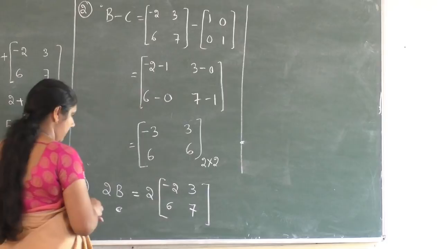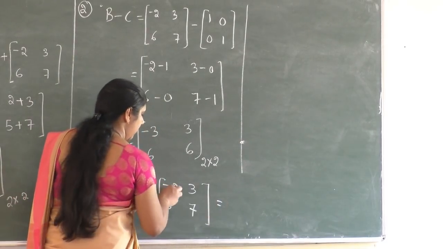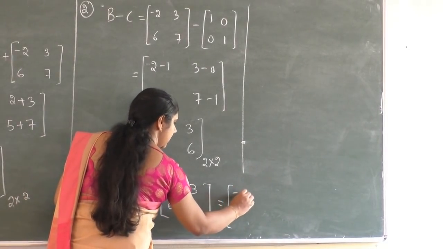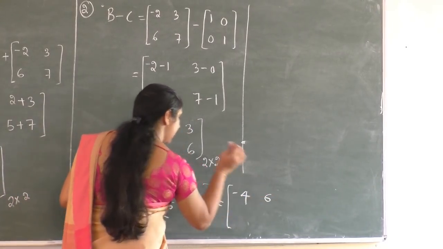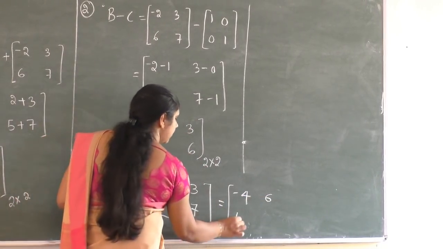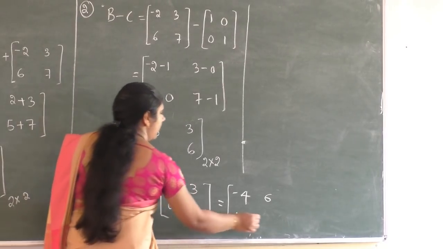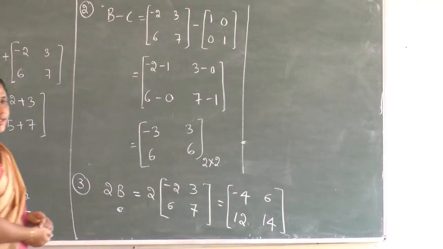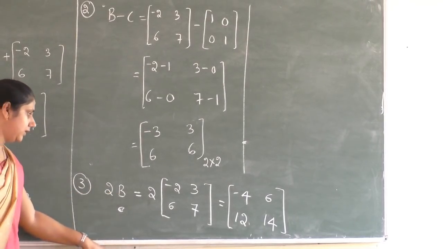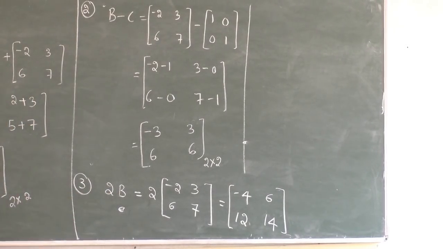That is 2 into minus 2, that is minus 4. 2 into 3, 6. 2 into 6, 12. And 2 into 7, 14. So this is third one, 2B.